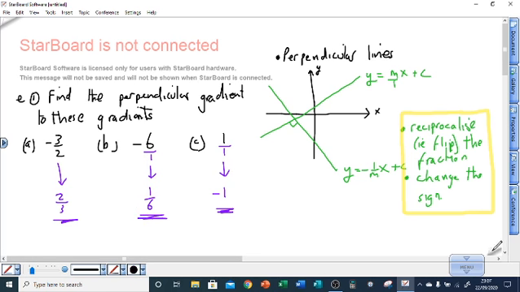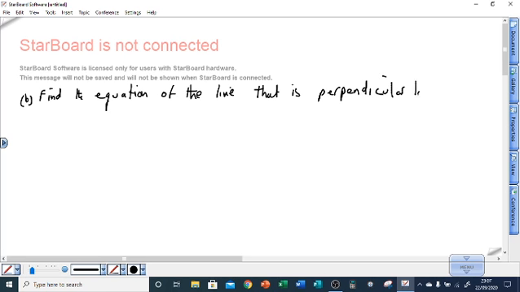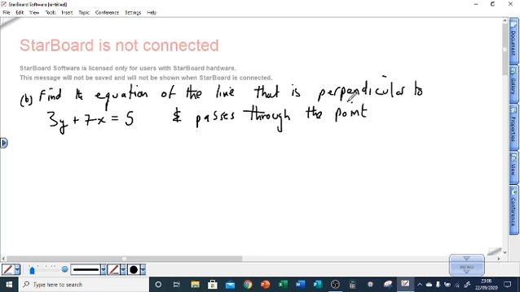The next type of example, if I just go over the page, is part B. Find the equation of the line that is perpendicular to 3y plus 7x equals 5 and passes through the point, I'm going to say, 14, 2.